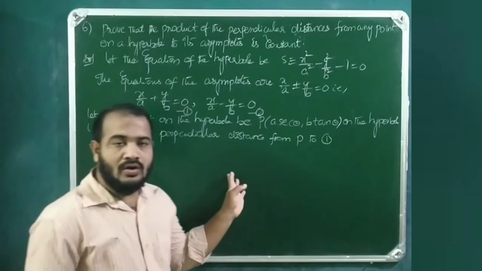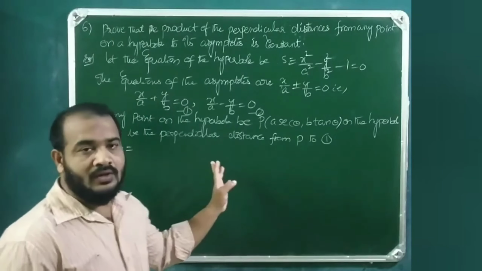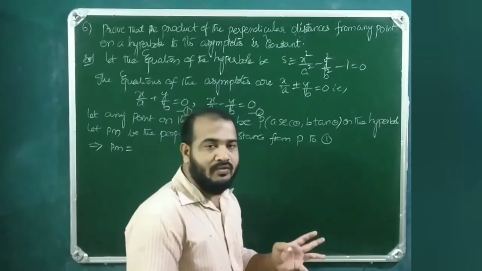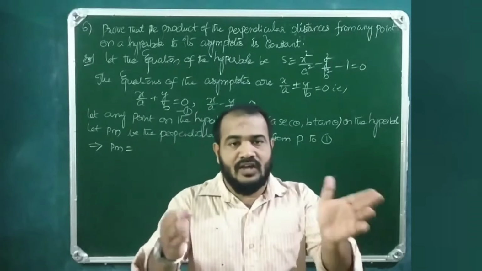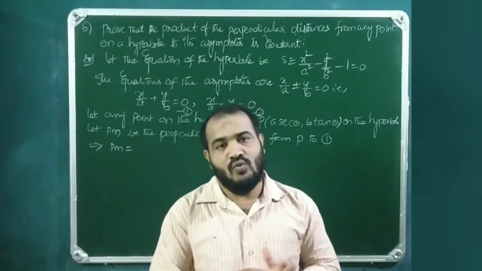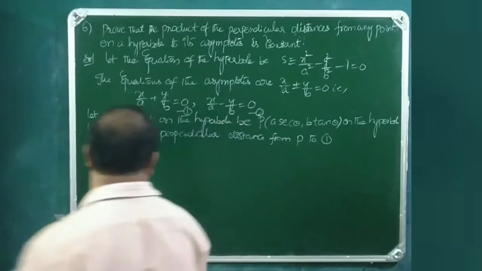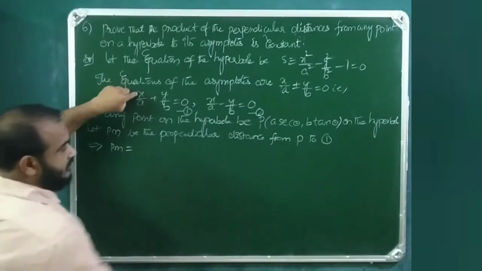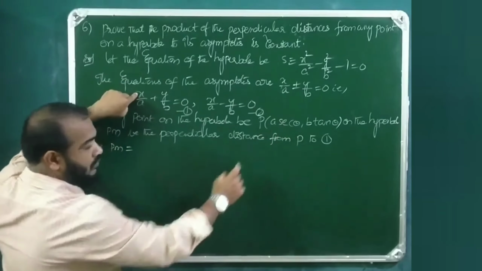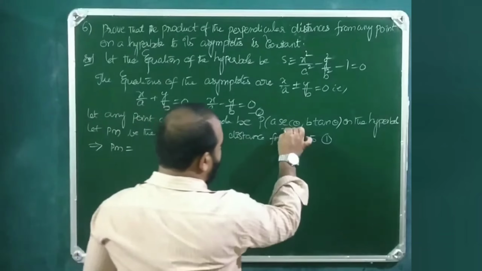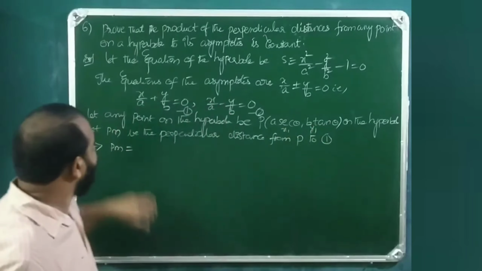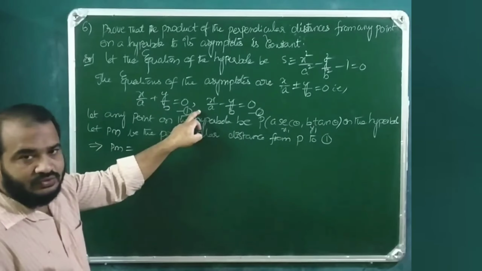Then the perpendicular distance, or length of the perpendicular, from P(x1, y1) to the line ax plus by plus c equals 0 is modulus of (ax1 plus by1 plus c) by square root of a square plus b square. So this is x1, y1 point now, and this is ax plus by plus c equals 0.